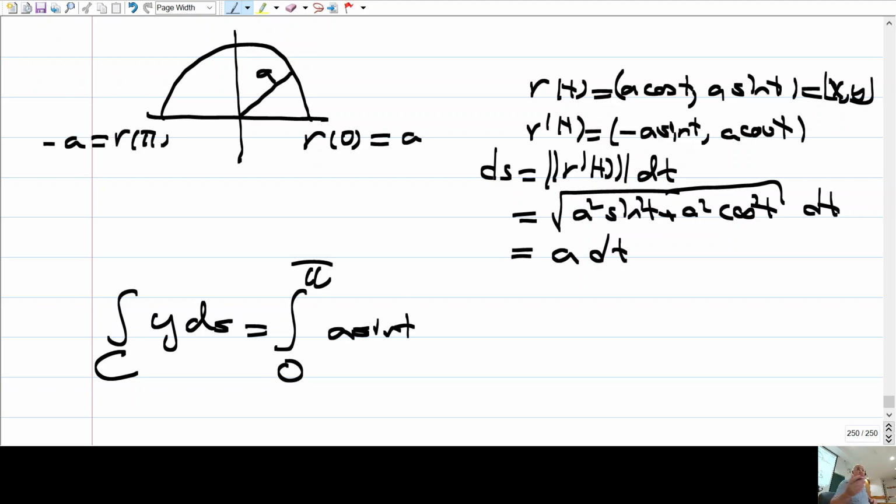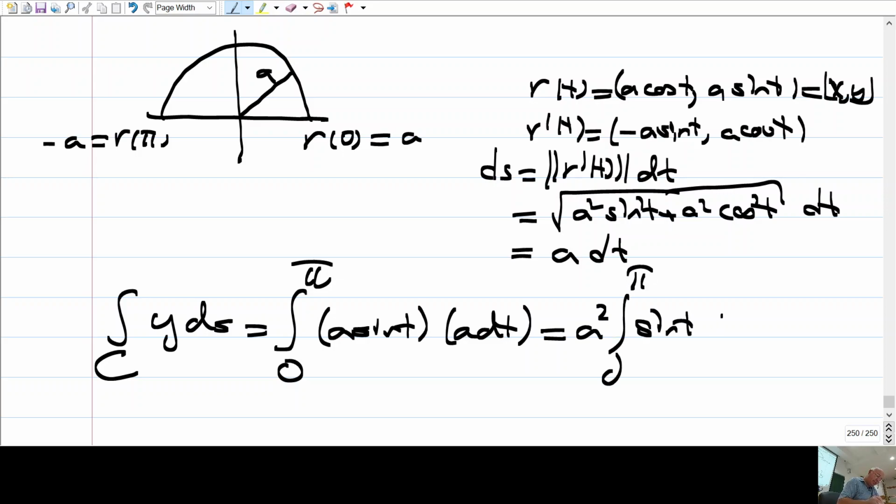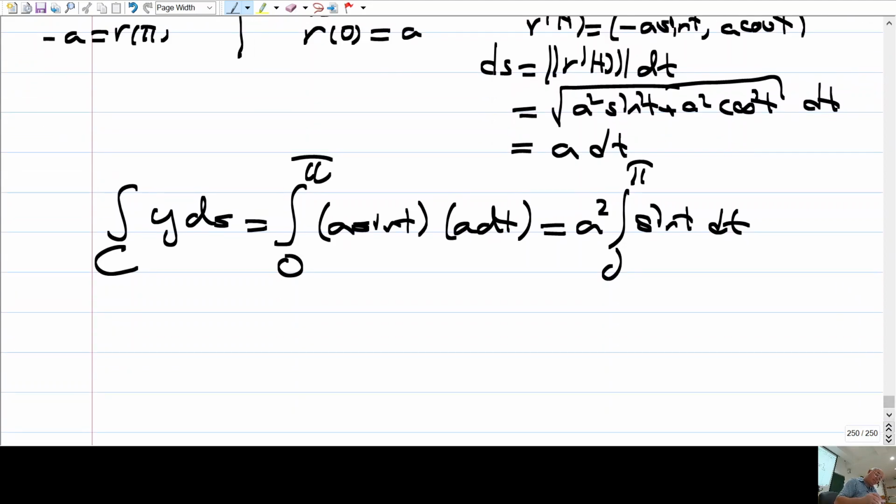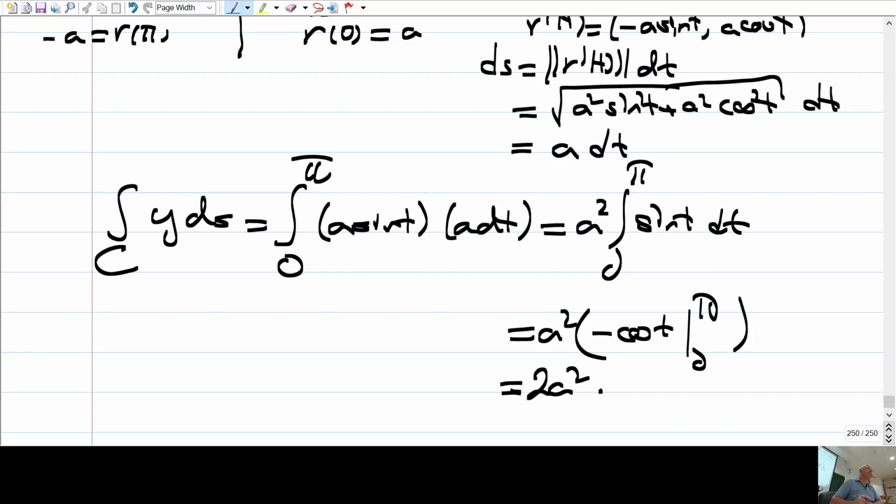You may consider this like density, and then ds. What is ds? ds is just a dt. So this is just a squared times the integral from 0 to pi of sine t dt. So this is a squared times minus cosine t from 0 to pi. So this is minus 1, another minus 1, but you have a minus sign in front already. So this is just 2a squared.